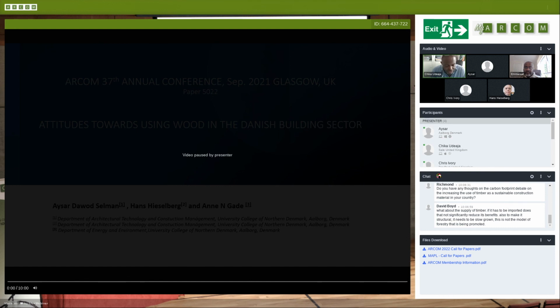The second presenter, on the bricklaying robot, introduced the robot called Sam, and argued that this study reveals that construction industry professionals in South Africa are willing to adopt a semi-automated mason into their working structure, although most South African construction firms are not ready to implement this technology yet. And then finally, Aysar and Hans discussed the attitude towards using wood.